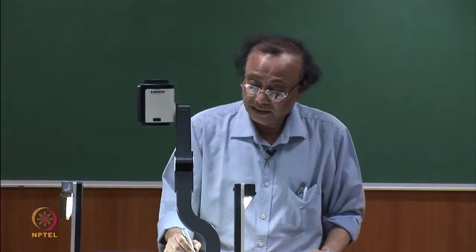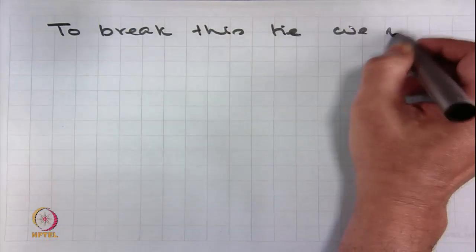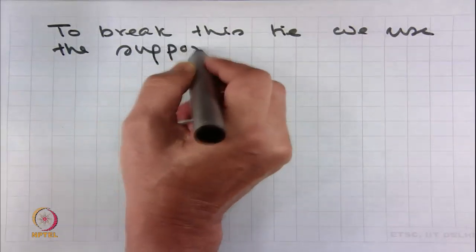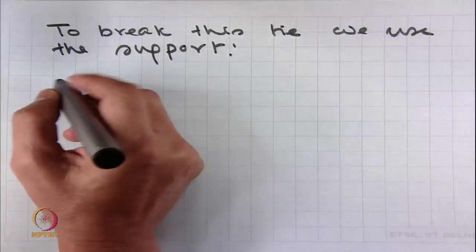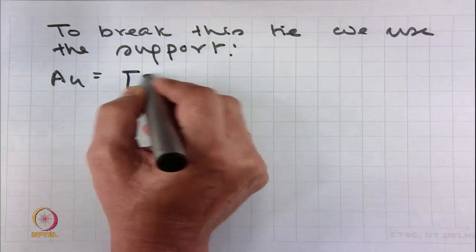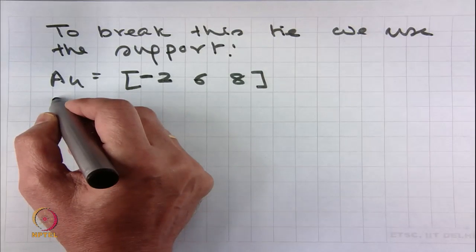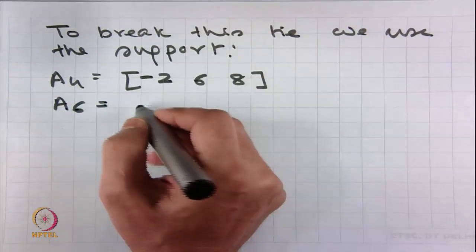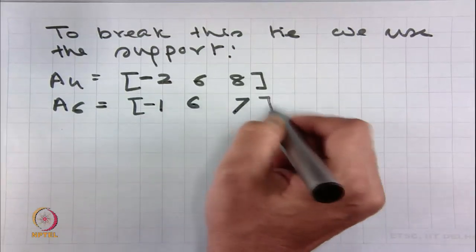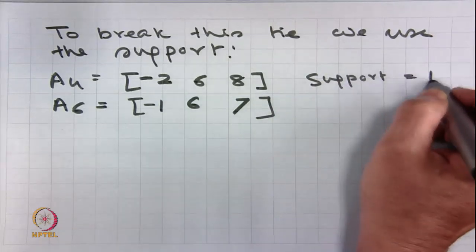To break this tie, we use the support. A4 is equal to minus 2, 6, 8 and A6 is equal to minus 1, 6, 7. Therefore, support is 10.